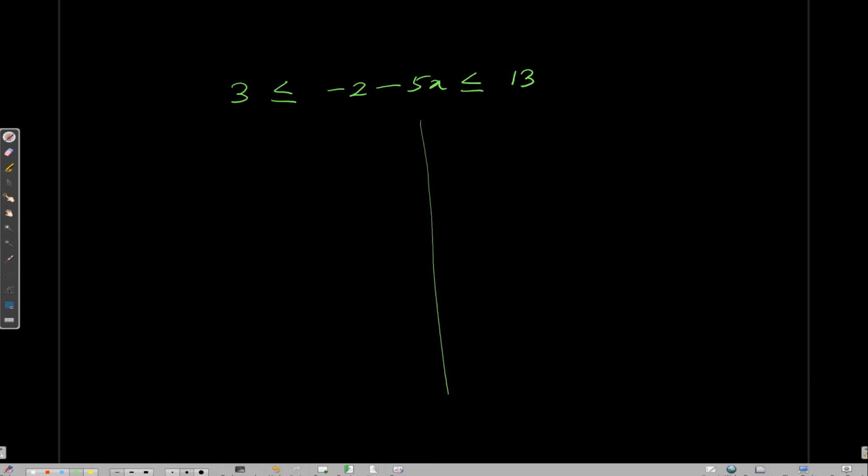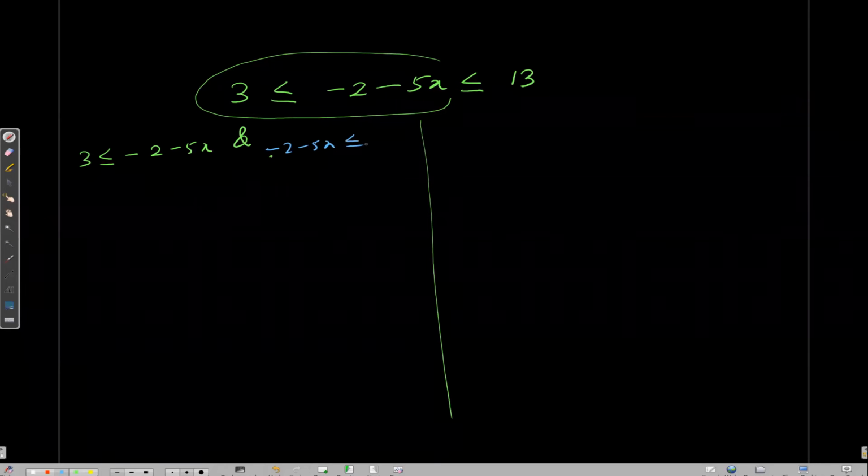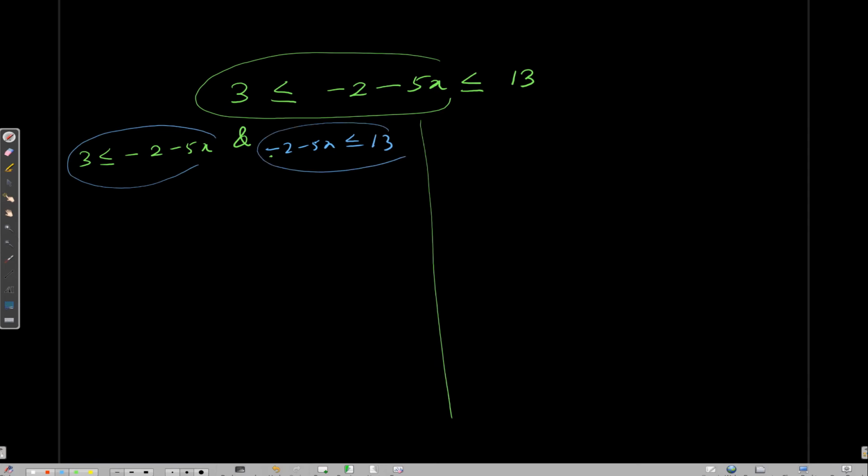Either you can treat them, and see, I took this part and then I am going to take the other part, as two different inequalities and then you get two different solutions and then you can combine them.